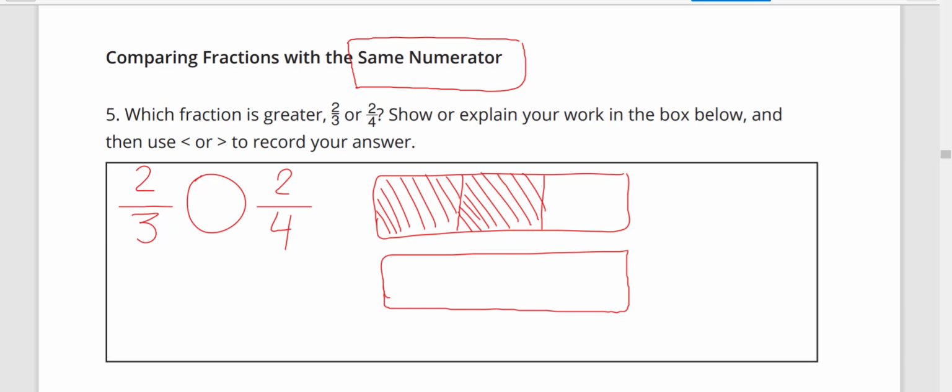Second, divide the second model into four equal parts like this, and shade two parts.